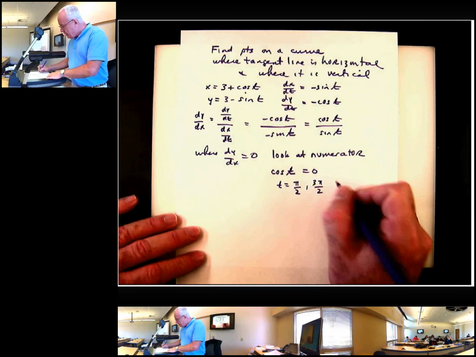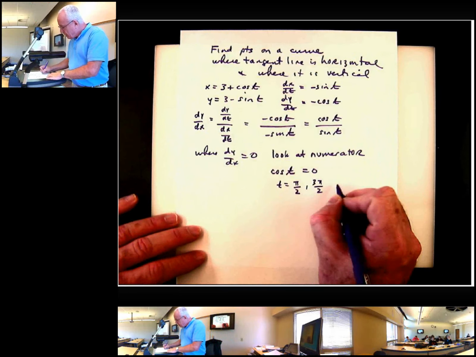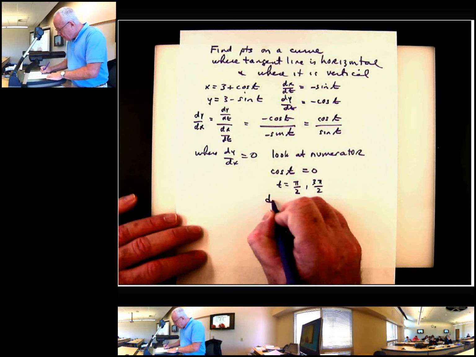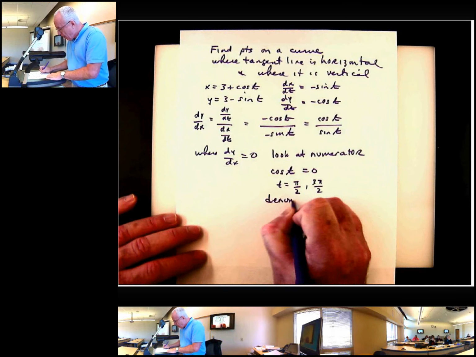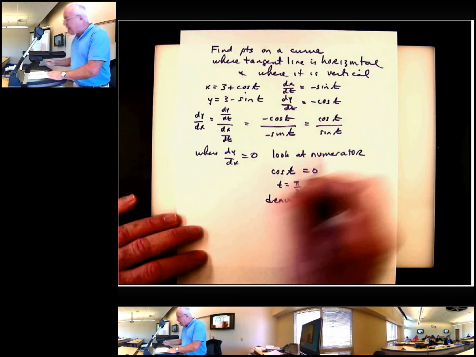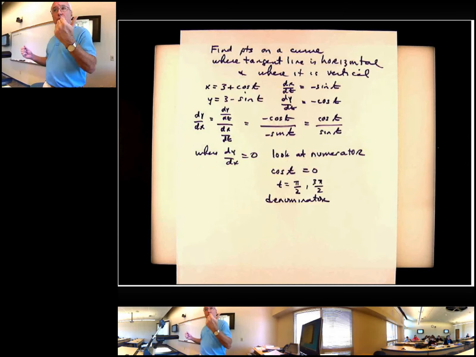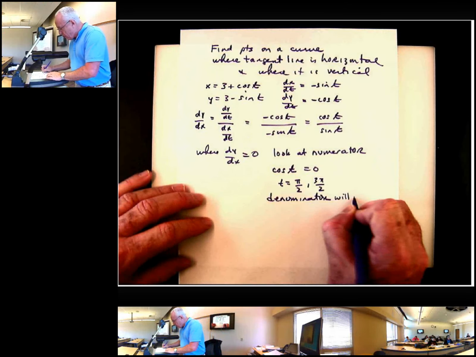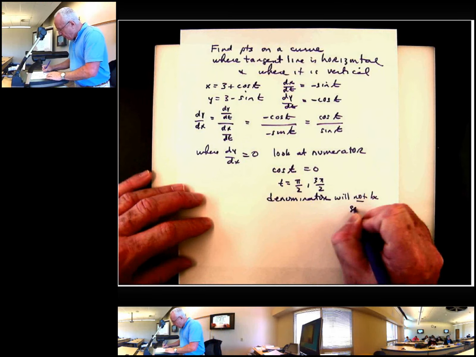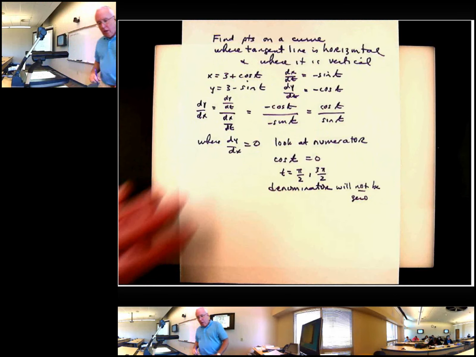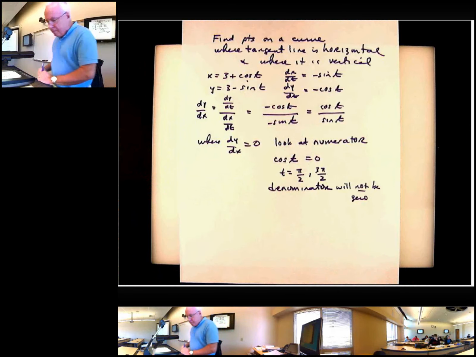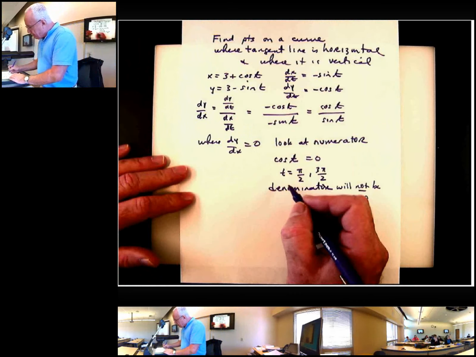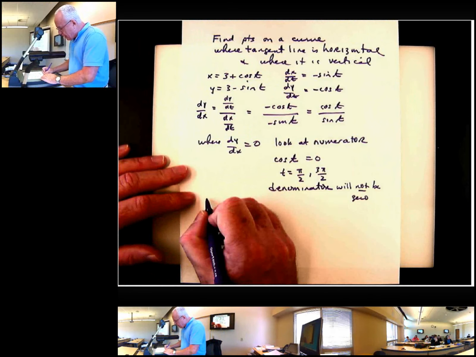Notice that in either one of these, the denominator, which is sine of t, will not be 0. That's good. The denominator will not be 0. So let's figure out t equals pi over 2.